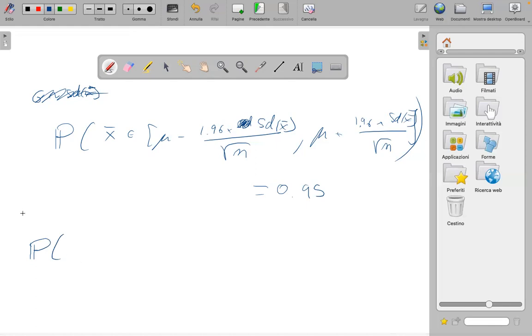Here we know x bar. The unknown quantity now is mu. So we want to see where mu is.